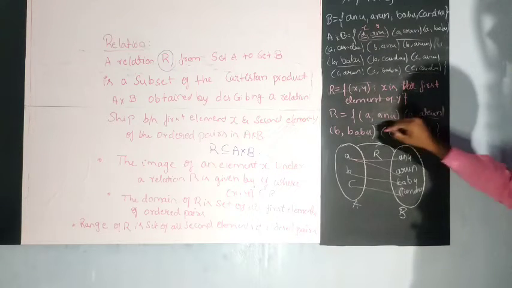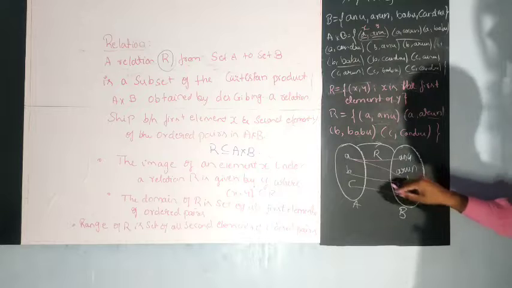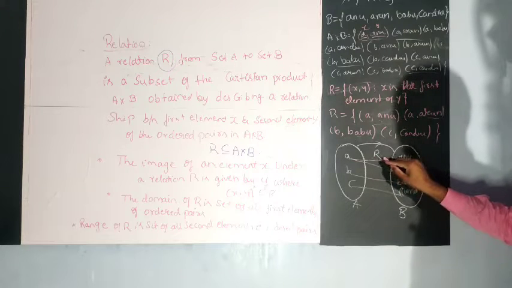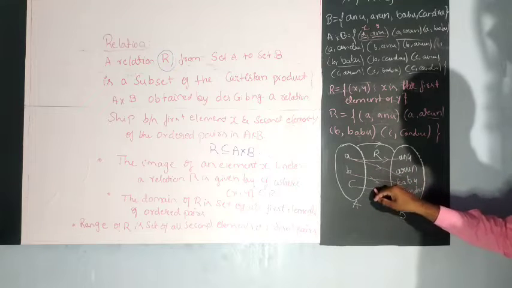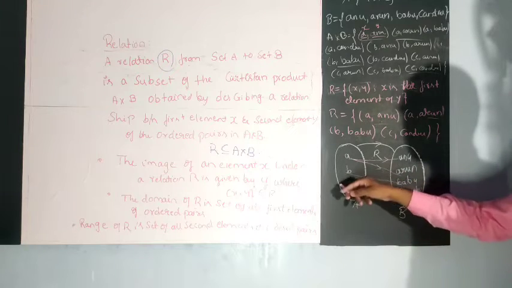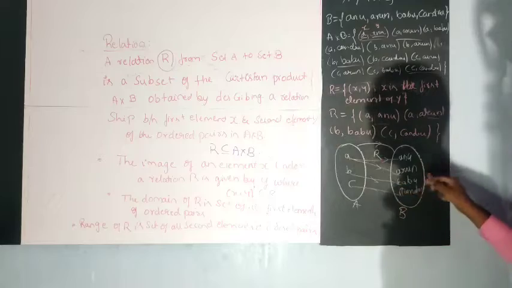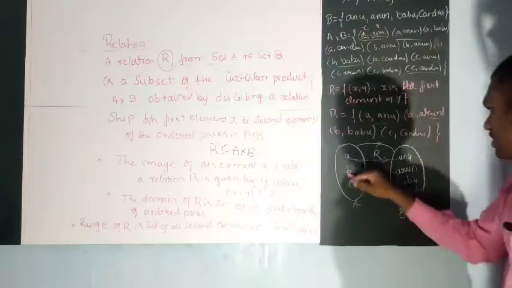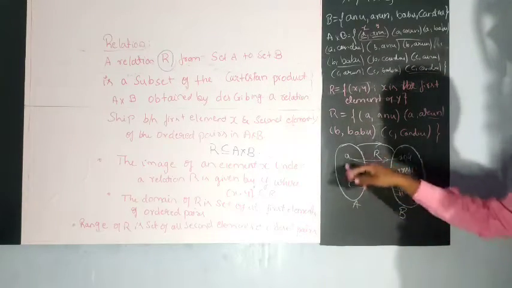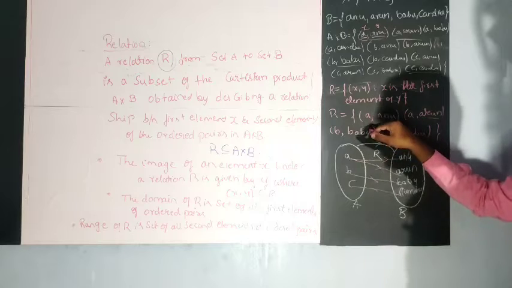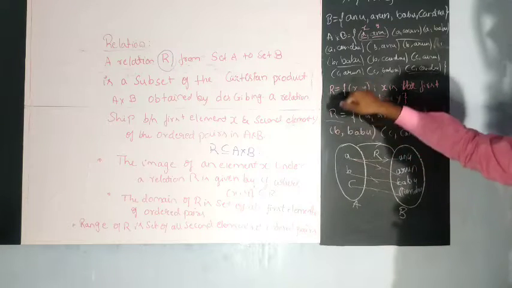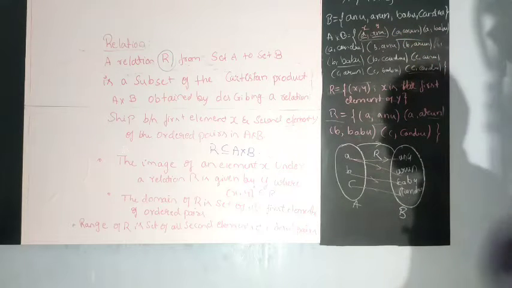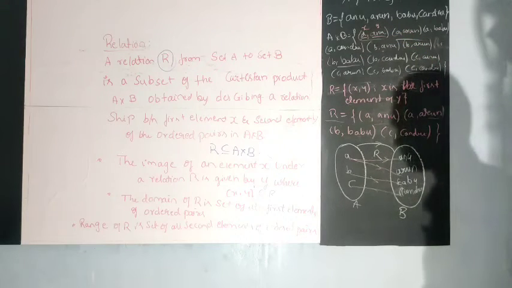These are the 4 elements, 1, 2, 3, 4, right? So this is the relation from set A to set B. These are the ordered pairs which are in set R, in the relation R, which is a subset of A cross B. This is what the relation says.